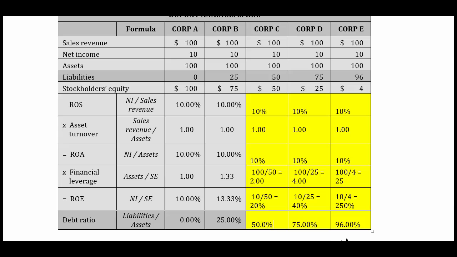Corporation E barely has any shareholders, so it doesn't have to pay much dividends. It's paying interest instead. And I'll have you know that interest is tax deductible. Dividends are not. So you'd really be better off paying interest. That doesn't take into account here, but that would further improve the performance of D and E over the other companies.